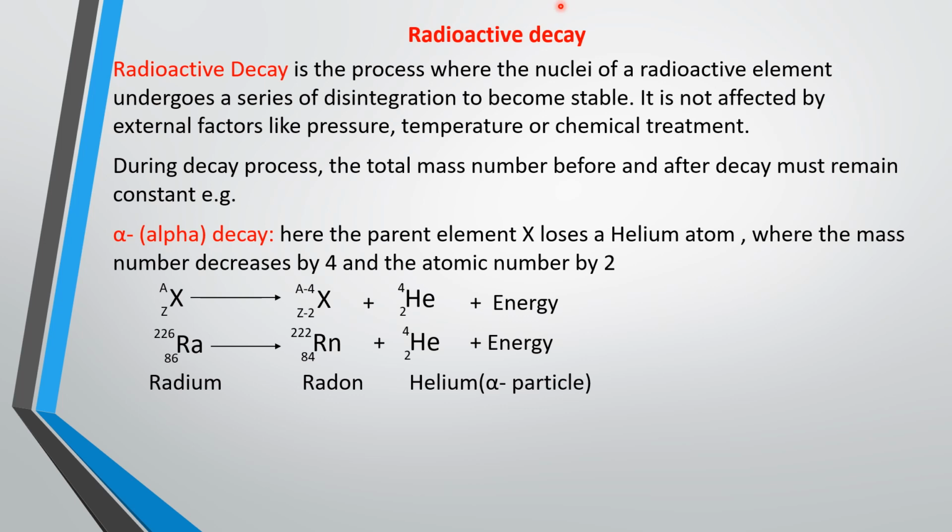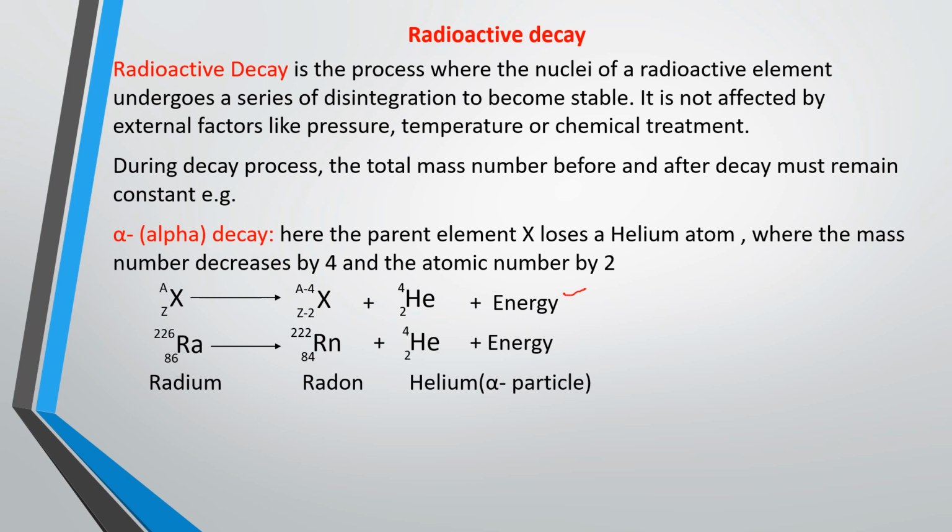For alpha decay, the parent element will lose a helium atom, which means that the mass number will decrease by 4 and the atomic number will decrease by 2. This is a typical example of what I just said.